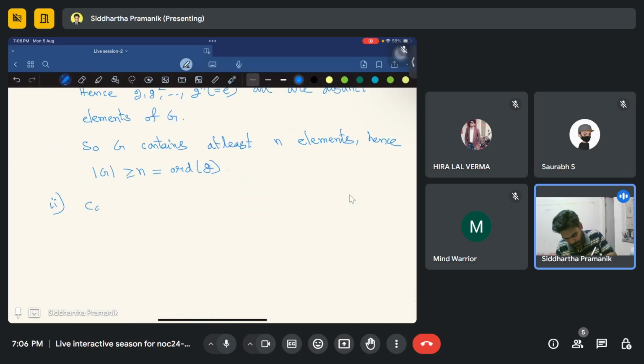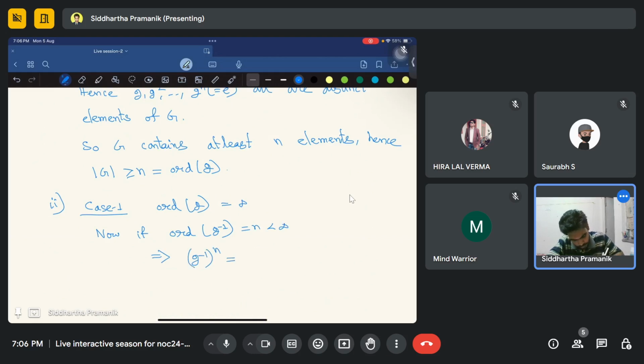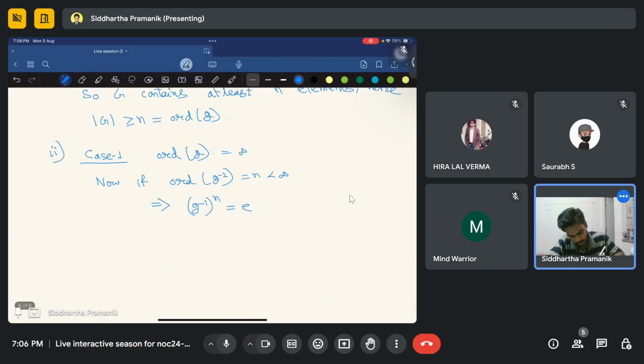So case 1, order of g is infinite. Now if order of g inverse is finite, so that will imply g inverse power n equals identity, right?